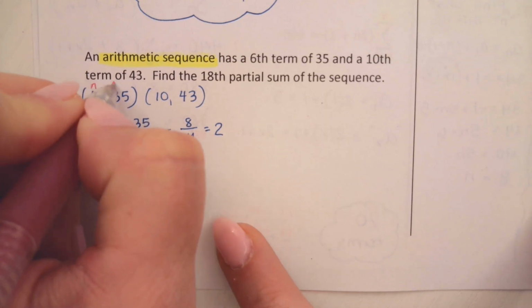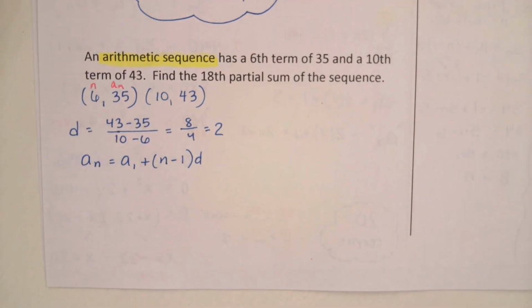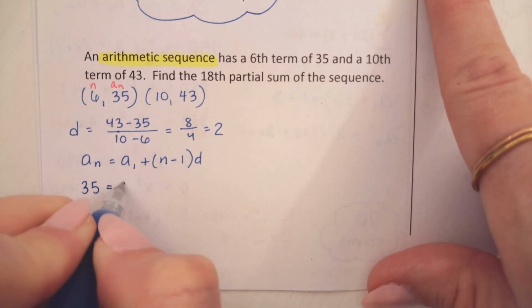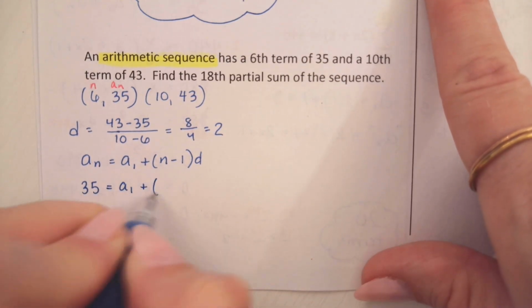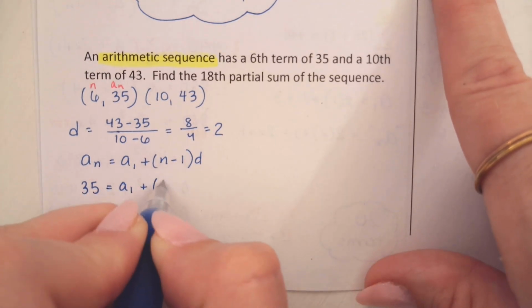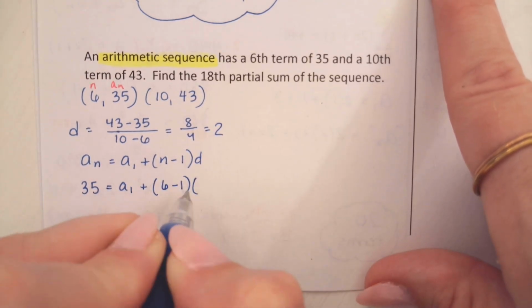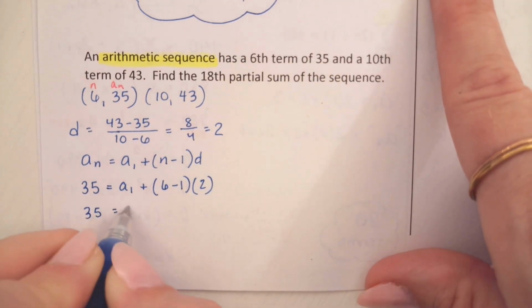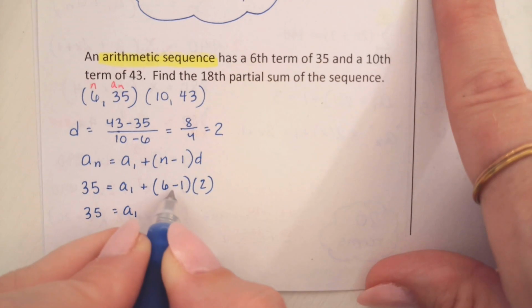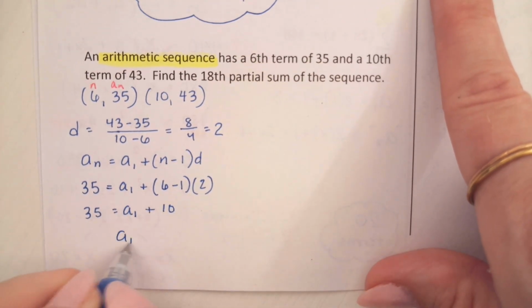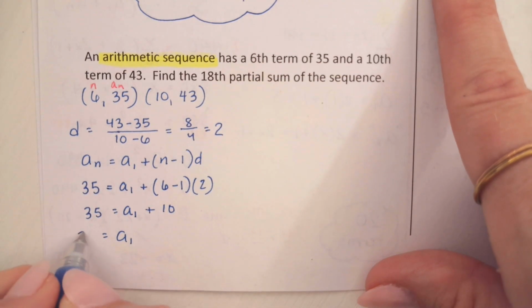So that'll give us 35 equals a1 plus n minus 1, which should be 6 minus 1, times the common difference of 2. So it would be 5 times 2, which is 10. So our A1 is 25.